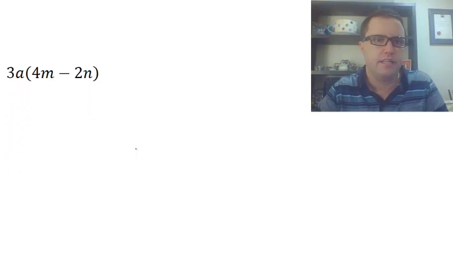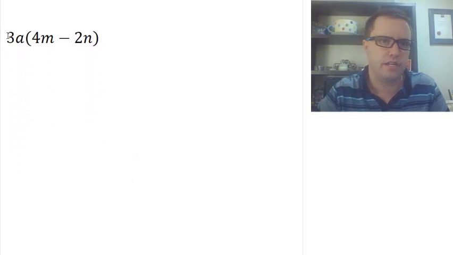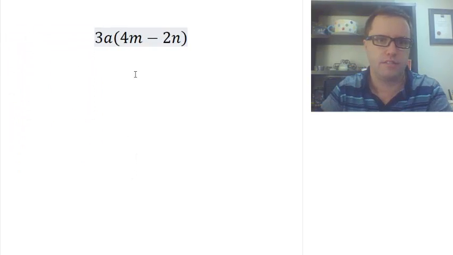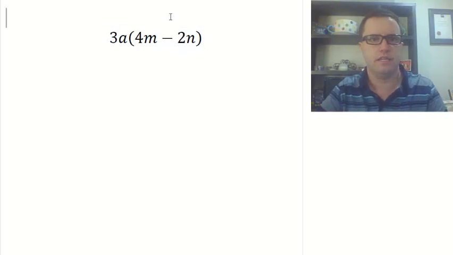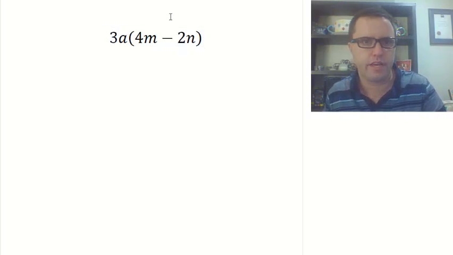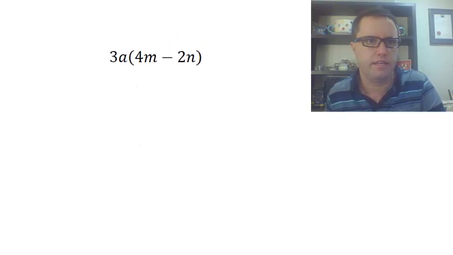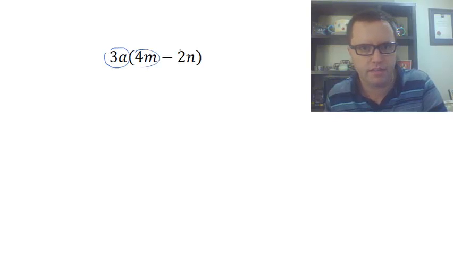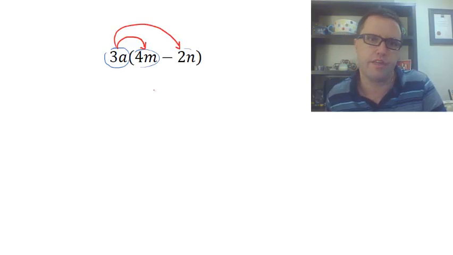Last, this one's a little bit trickier, but you'll be able to deal with it, promise. What you need to realize in here is that this whole thing out the front is a term, this is a term, and this is a term. That means this whole thing gets distributed onto that, and onto that.